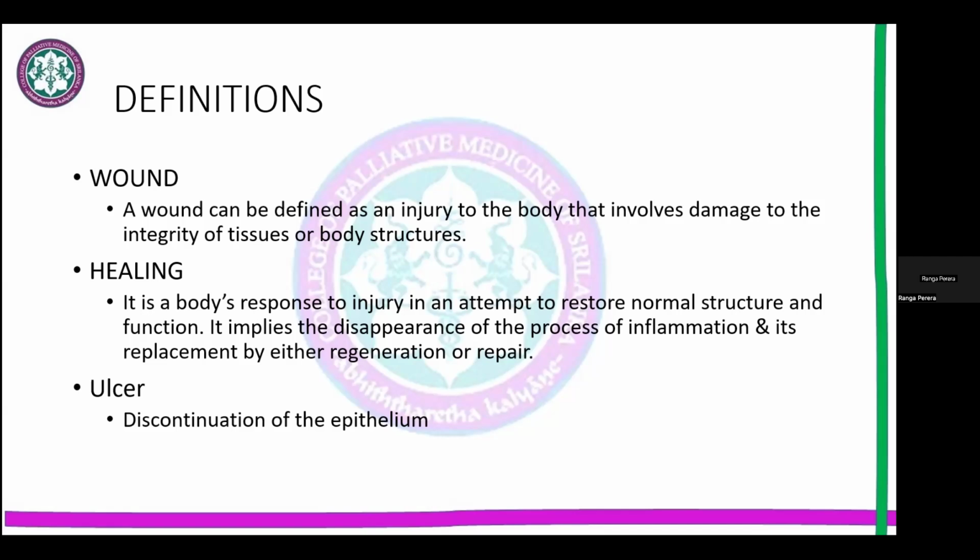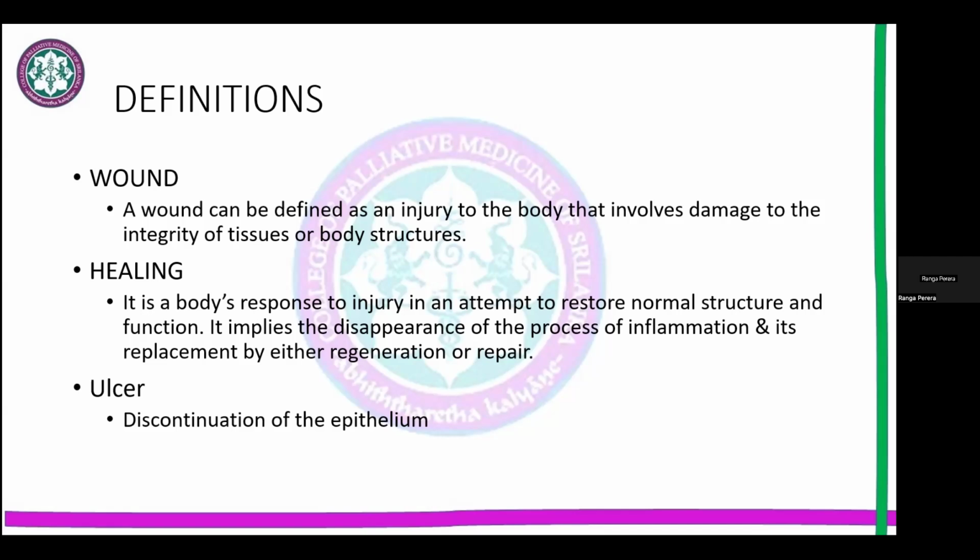It may not be 100% restored to the normal structure, but it may be able to repair up to the functional level. It implies disappearance of the process of inflammation and replacement of the lost tissue by regeneration or repair. Those are the two main definitions of wound and wound healing.